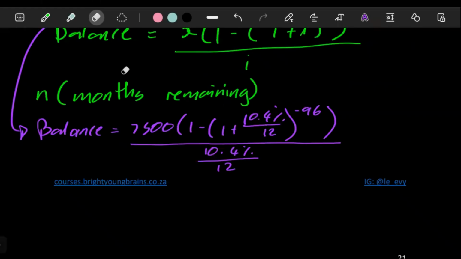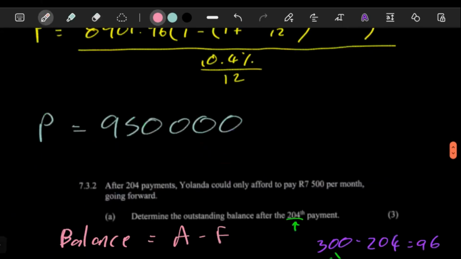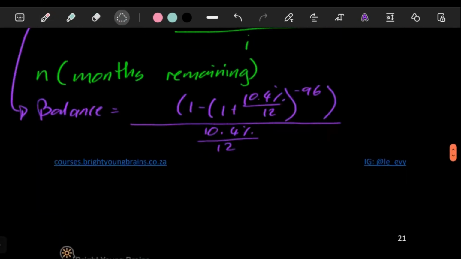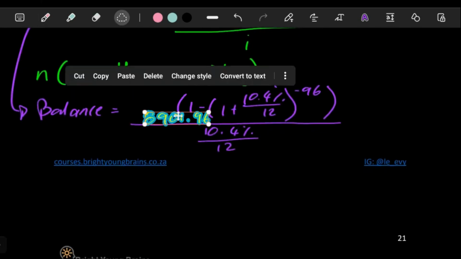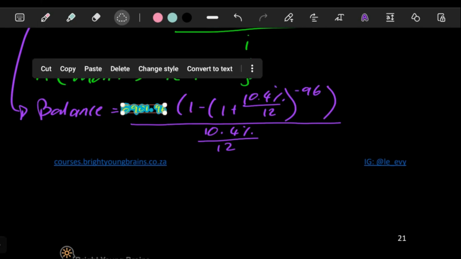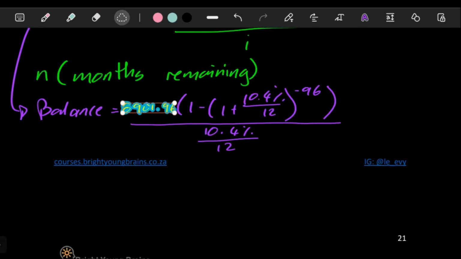Actually, no, wait. This does not make sense because the monthly installment is still the original one. The reason is that within these 200-something payments, this is the monthly installment he was making. The 7,500 is just what they told us they are going to want to start paying.